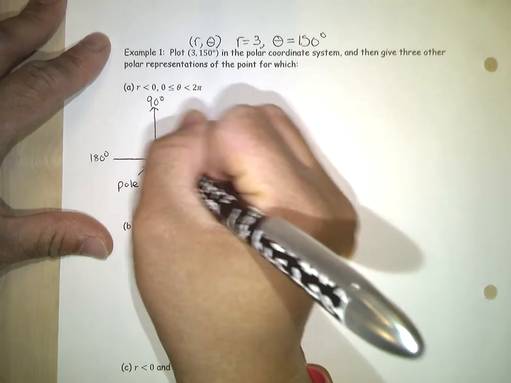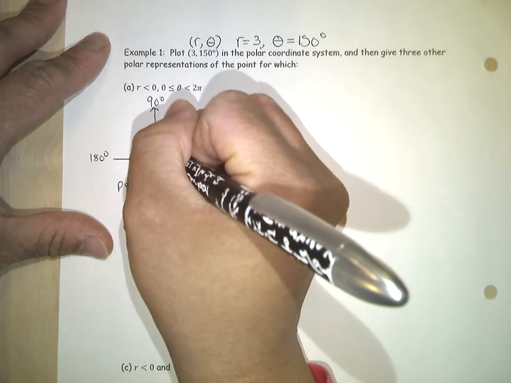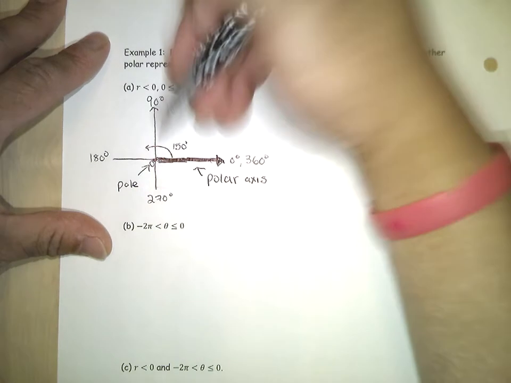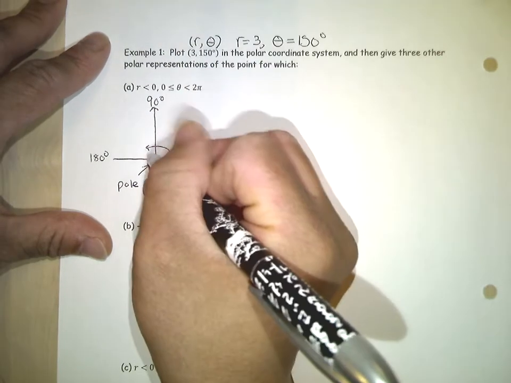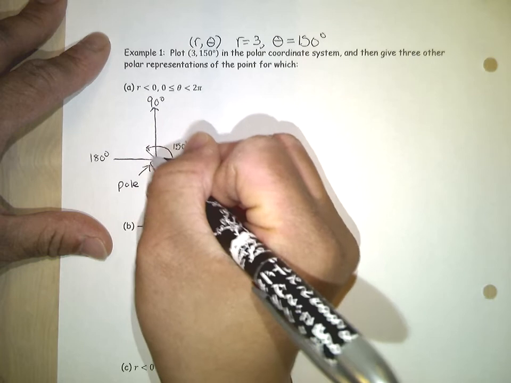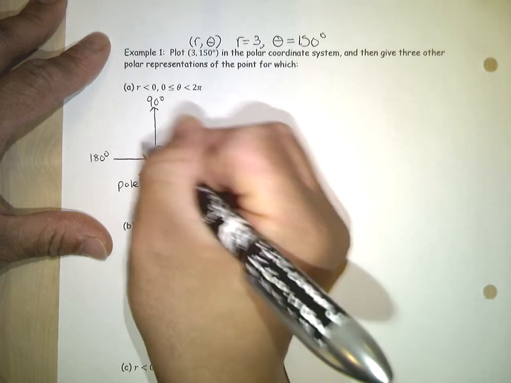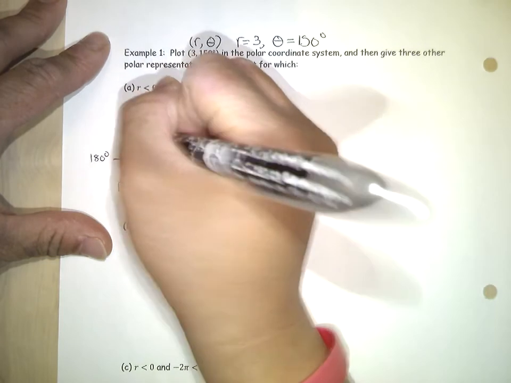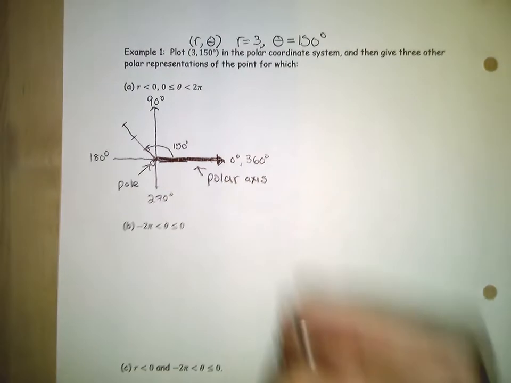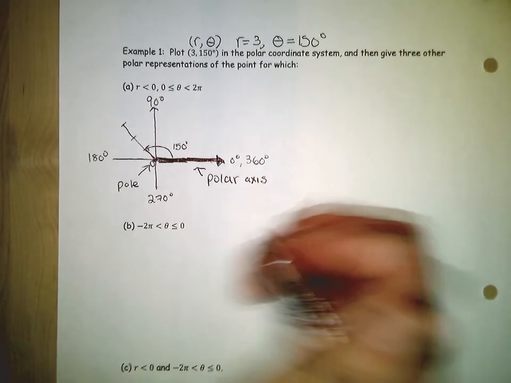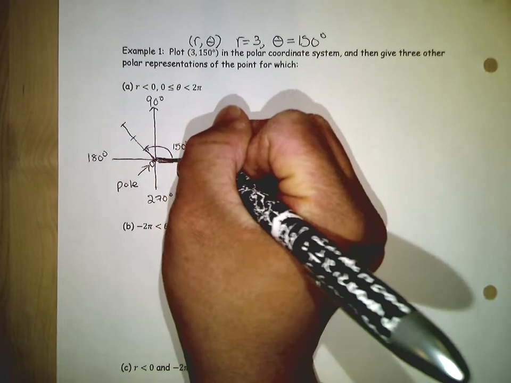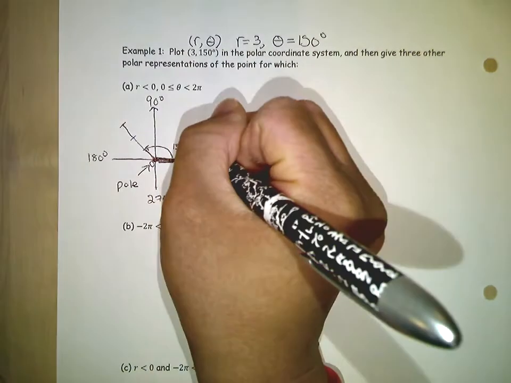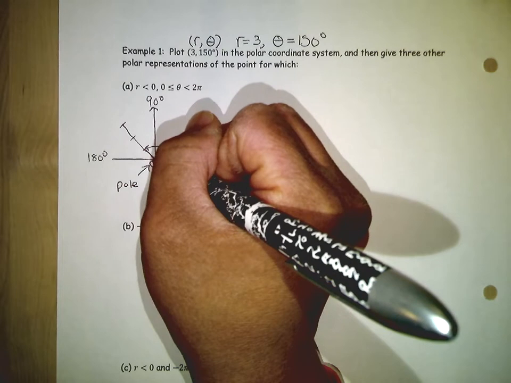So here is 150 degrees, and then I need to draw a line segment that's 3 units long. So here is about 1 unit long, and then 2 units long, and then 3 units long. It is sometimes hard to get this as exact as possible, but just try to remember that this line segment from the pole over to the point needs to be 3 units long.